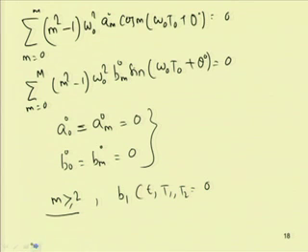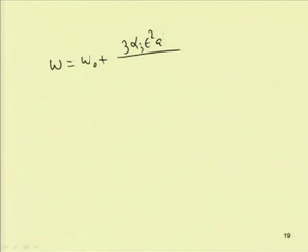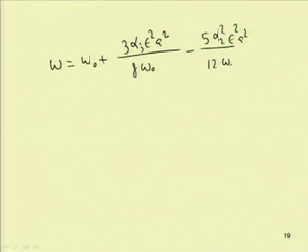So, from this equation we can get the frequency amplitude relation in this form, that is, omega equal to omega 0 plus 3 alpha 3 epsilon square A square by 8 omega 0 minus 5 alpha 2 square epsilon square A square by 12 omega 0 square, plus the higher order terms.